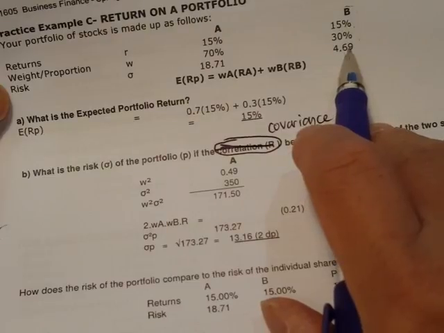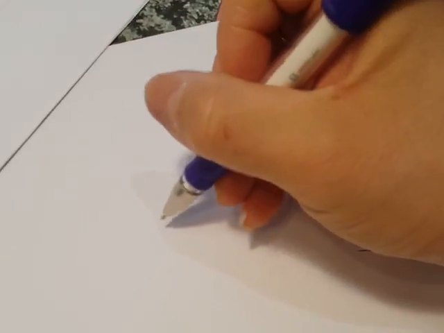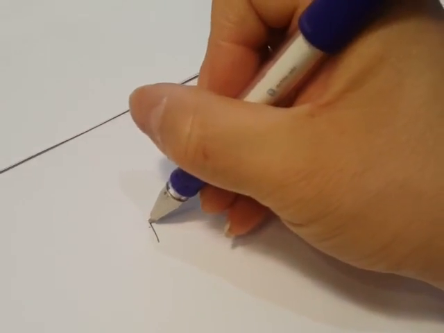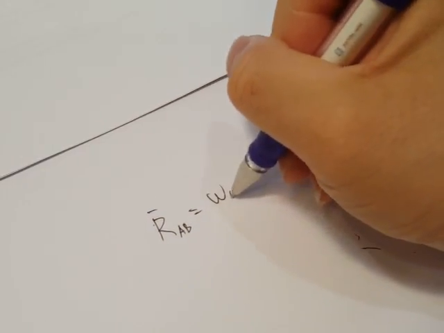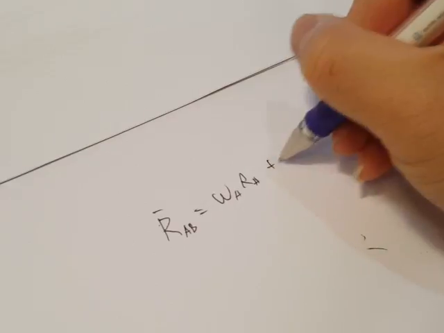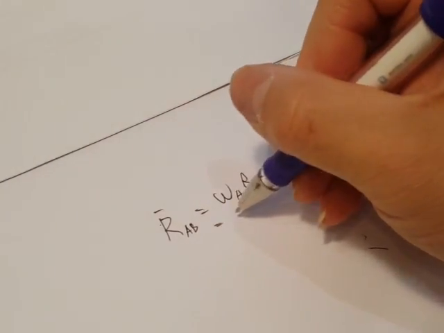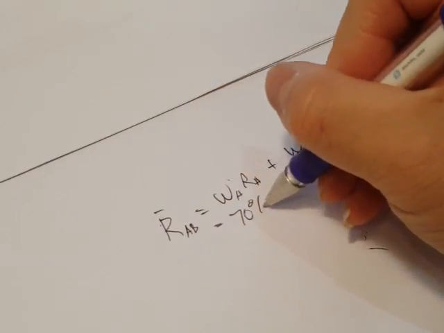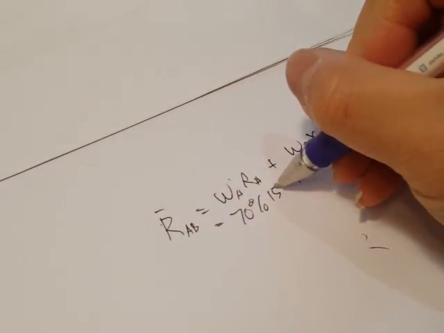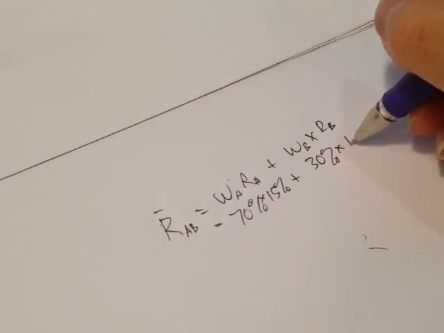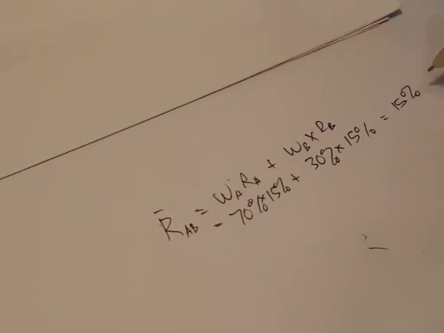So to find expected return, you just take weight A and weight B. So expected return for portfolio is weight A times return A plus weight B times return B. You are told that it is 70% and 30%. Return A is 15%. Return B is also 15%. Add together is 15%.